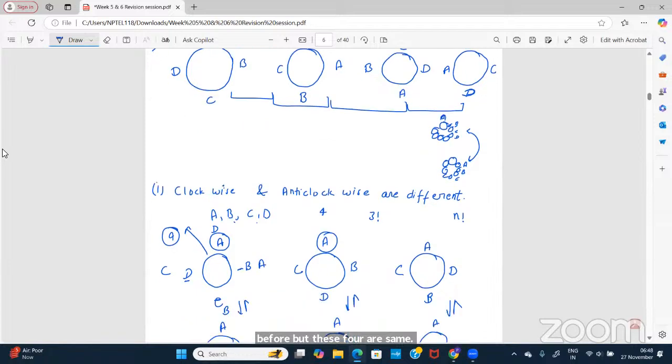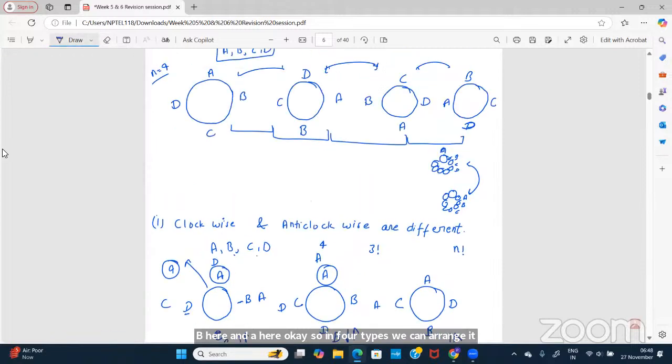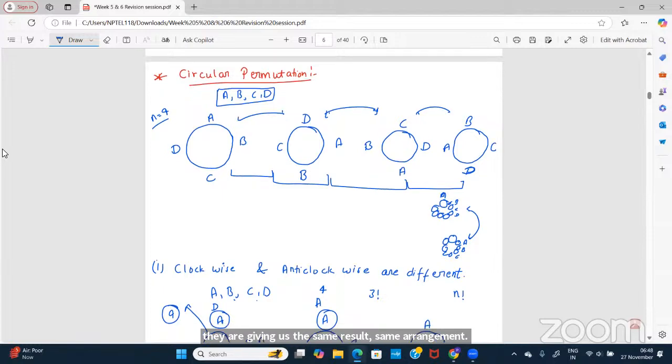Now the second one: we can place A here, then B here, then D here, and so on. In 4 ways we can arrange it, but they are giving us the same arrangement. So we take 4 factorial and then divide by 4.